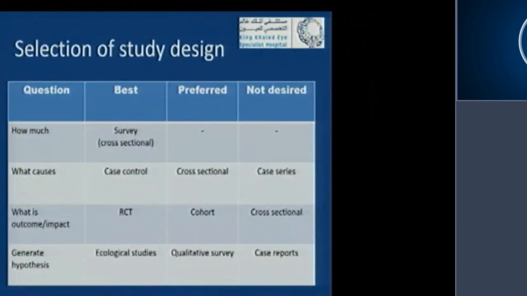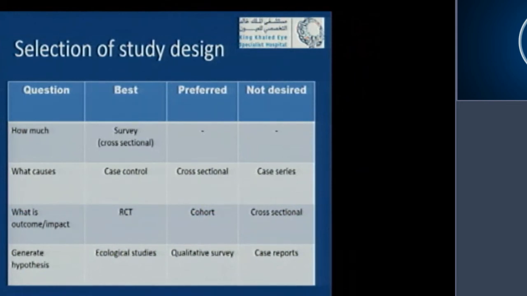But this is a general rule that if you are answering the question of how big is the problem, survey or cross-sectional is the ideal study design you have to adopt. If you are trying to find the cause, then case control is the better selection. Cross-sectional and case series are not preferred.